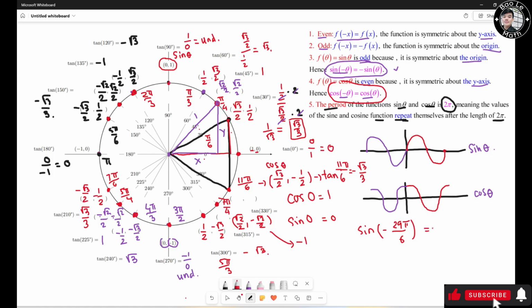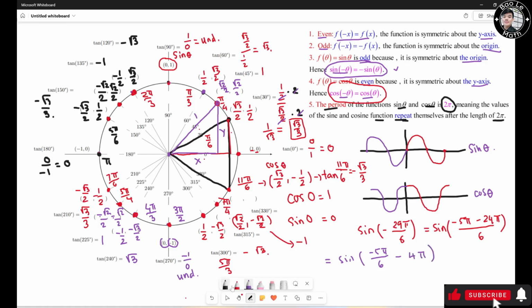So this is the same thing as sine of negative 5 pi minus 24 pi over 6. That is sine of negative 5 pi over 6, minus negative 24 pi over 6, which is negative 4 pi.